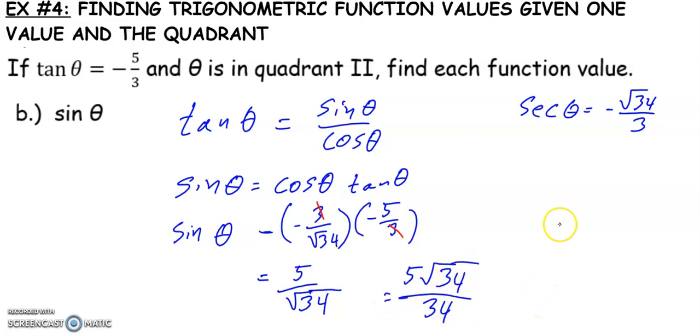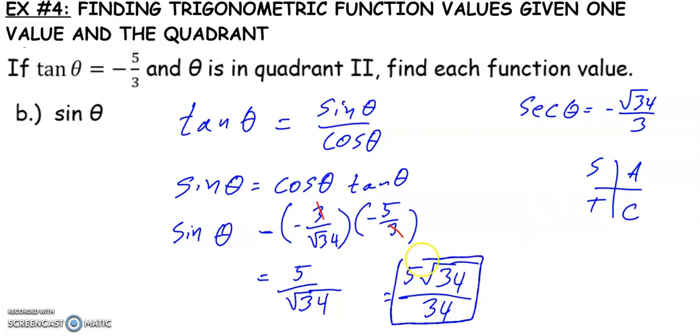Boom. And because we were in quadrant 2, all students take calculus, in quadrant number 2, sine is positive. Regardless, it came out positive, but make sure your answer is positive.